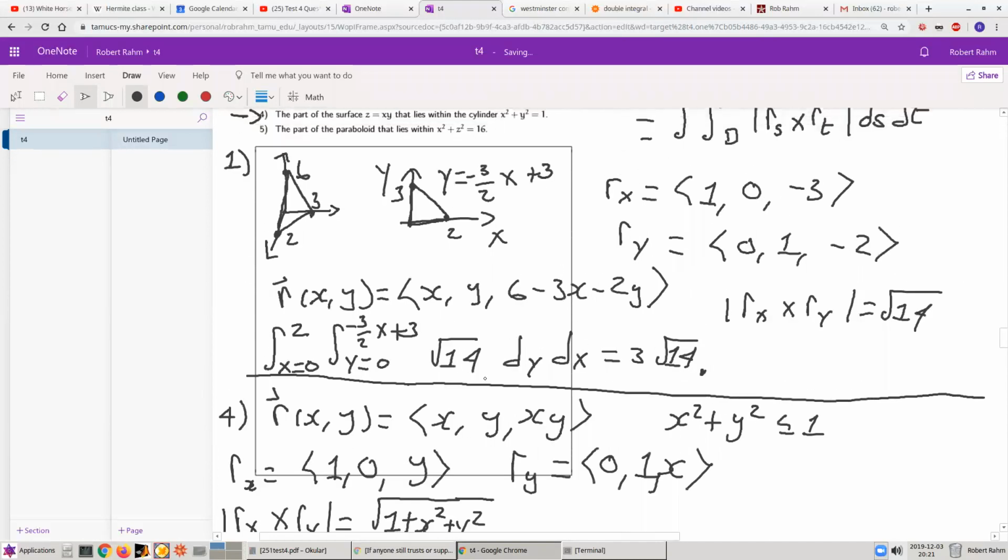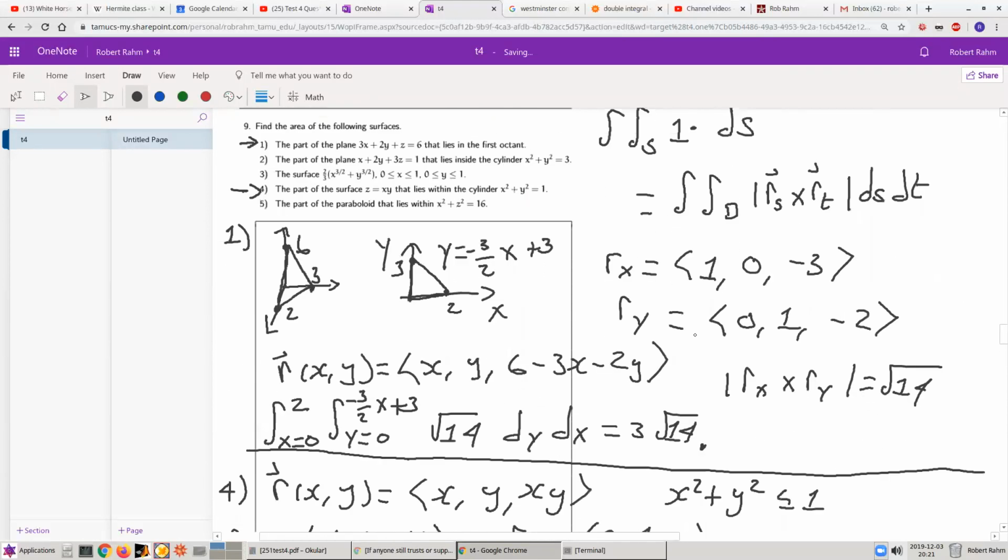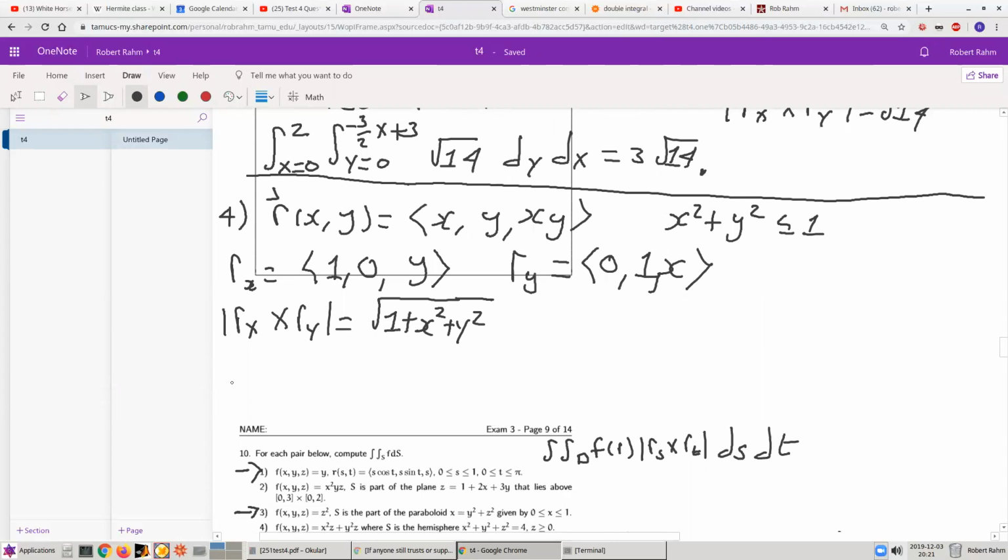Now we're just going to plug it into the integral up here. This is the integral over the parameter domain D, the set x squared plus y squared less than or equal to 1, of the square root of 1 plus x squared plus y squared dA.